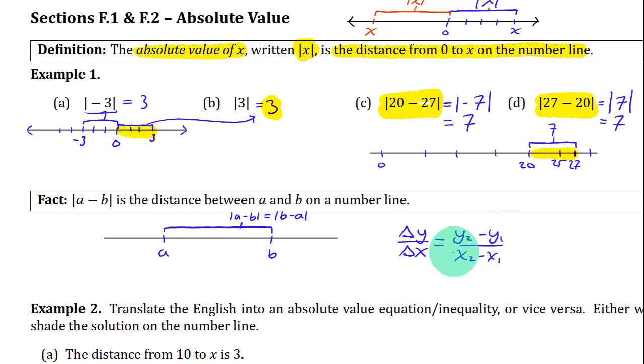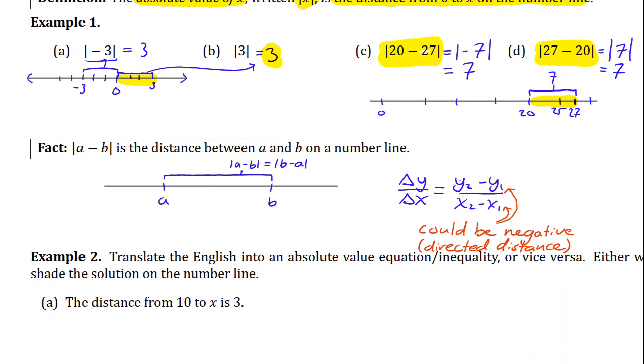These two things, the top and bottom of this fraction, also represent a distance on the y-axis or a distance on the x-axis, but without the absolute value, each of these things could be negative. So that's what we call an example of directed distance.